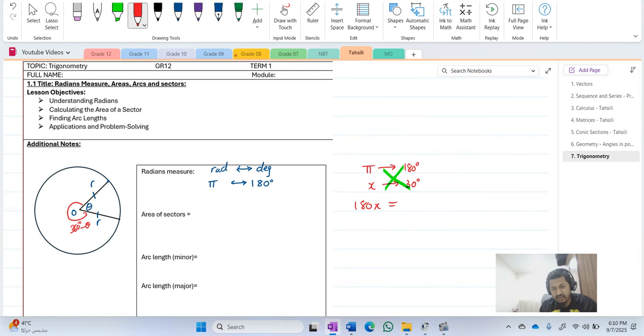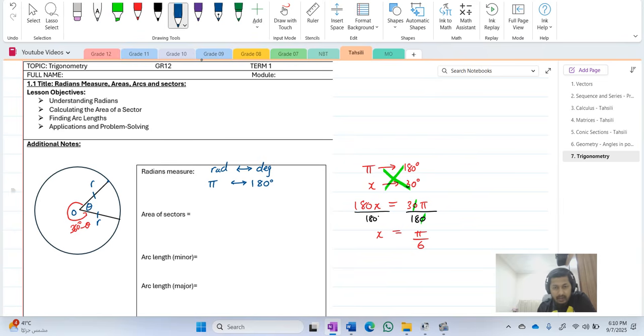Now we divide both sides by 180. 180 divided by 180 cancels out, leaving x. 30 divided by 180, you can cancel out the zeros, and 3 divided by 18 is, 3 can go into 18 6 times, so pi by 6. We know pi by 6 is equal to 30 degrees.